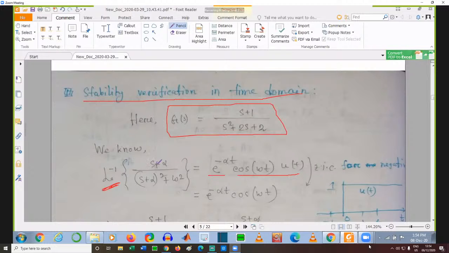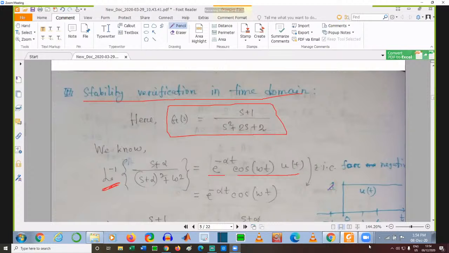But if there is alpha, s plus alpha by (s plus alpha) square plus omega square, then e to the power minus alpha t into cos omega t. And u(t) will always be there because u(t) is the unit step function. It always remains with the other function.